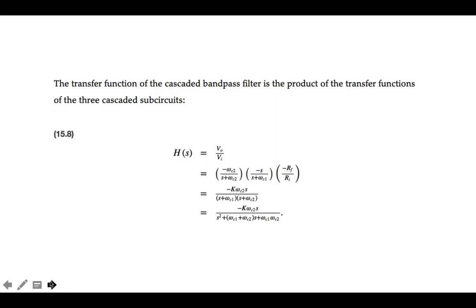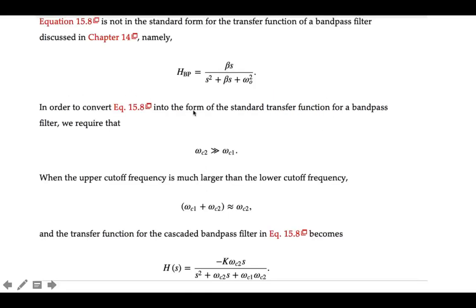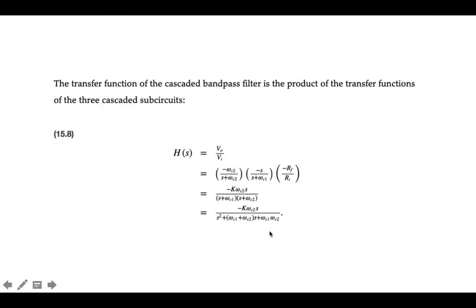Now let's compare that with this general form that we saw in chapter 14 when we discussed passive RLC filters. We said that the transfer function of a bandpass filter was the bandwidth times S over S squared plus the bandwidth times S plus omega naught squared. Let's go back to that previous expression.